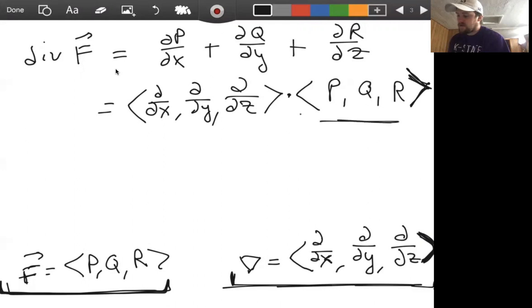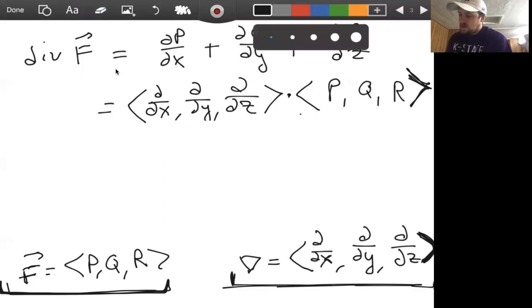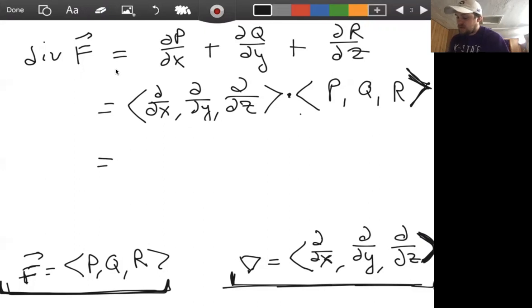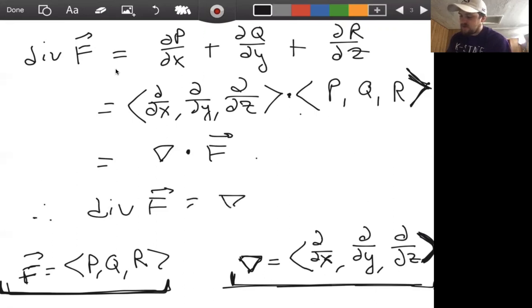Again, this is a vector field, and this is an operator. Now, this is the dot product, and so we can use our notation here. The gradient operator is given by this nabla, and then dot our vector field F. And so therefore, we have a more compact definition of the divergence. It's the gradient dot our vector field.